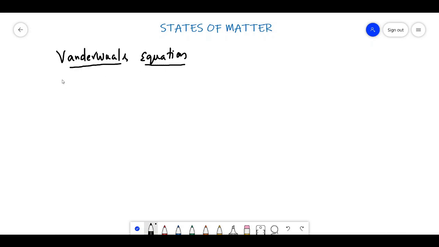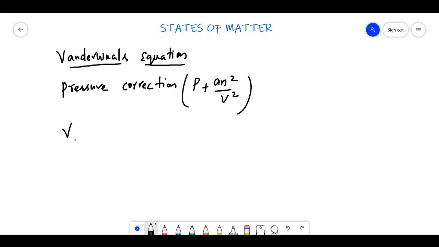So we have a pressure correction, which is taken as P plus A n square by V square, and the volume correction, which is taken as V minus nb.